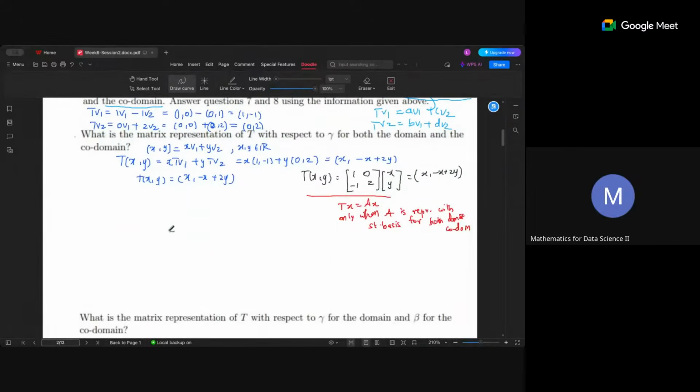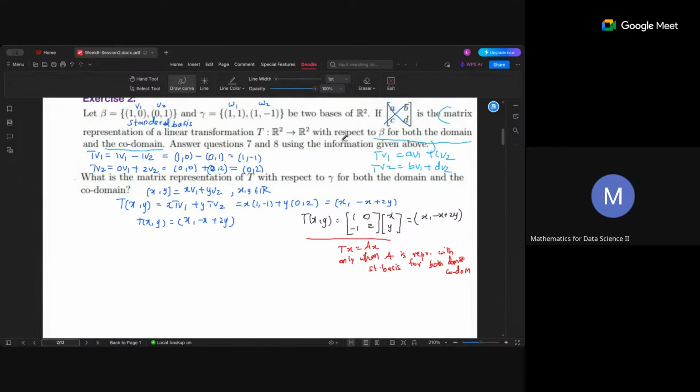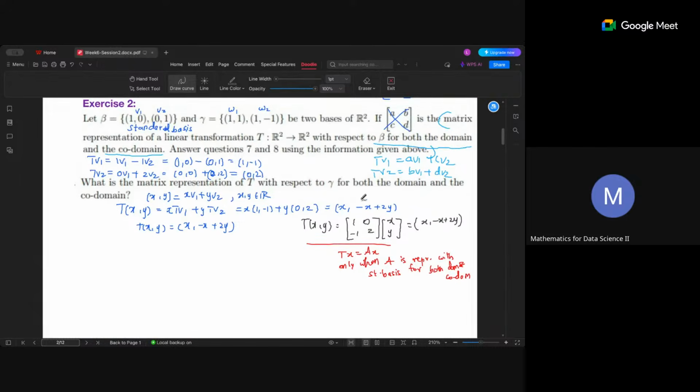All right, now the next step. What is the matrix representation of T with respect to gamma? Gamma is this, for both domain and codomain. So we need to find T(W1) and express it as a linear combination of W1 and W2, and similarly find T(W2) and express it as a linear combination of W1 and W2.